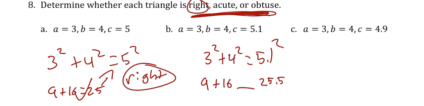9 plus 16 we know is exactly 25. So if I'm going to use inequality notation, I'm going to say 9 plus 16 is less than 5.1 squared, or approximately 25.5. Because the hypotenuse squared is bigger than a squared plus b squared, than 9 plus 16, this is going to be an obtuse triangle.